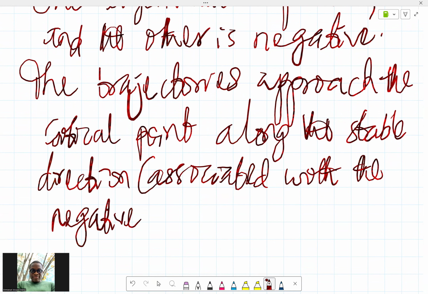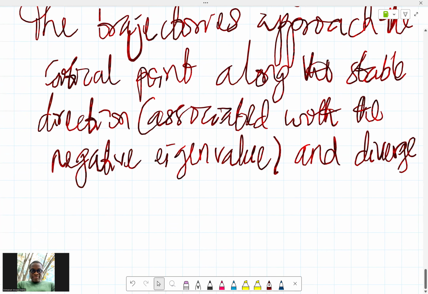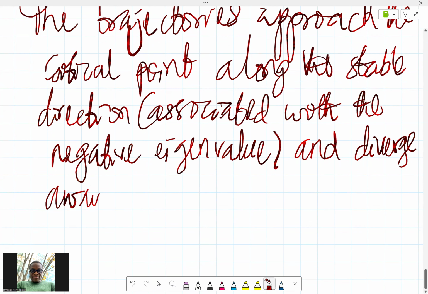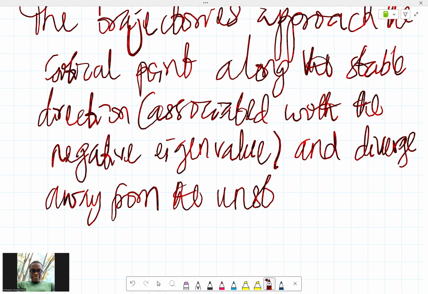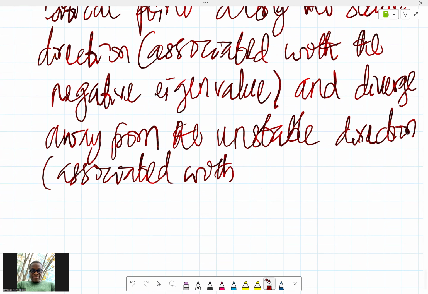But of course, we also have a positive eigenvalue, so we have a divergence in that case. Trajectories diverge away from the unstable direction, and that is associated with the positive eigenvalue.